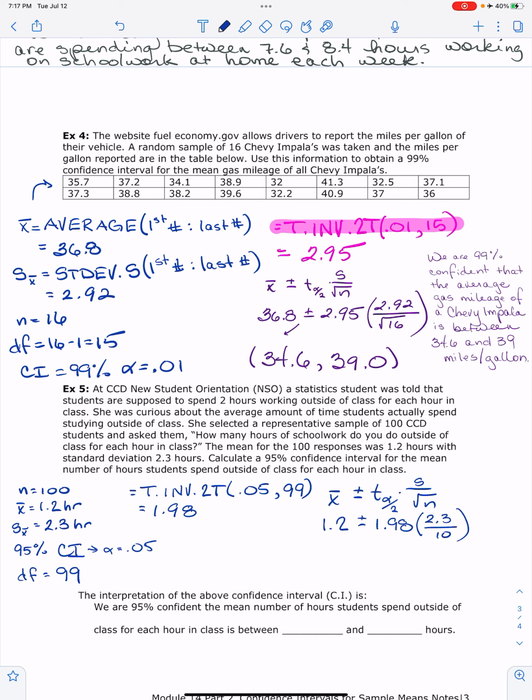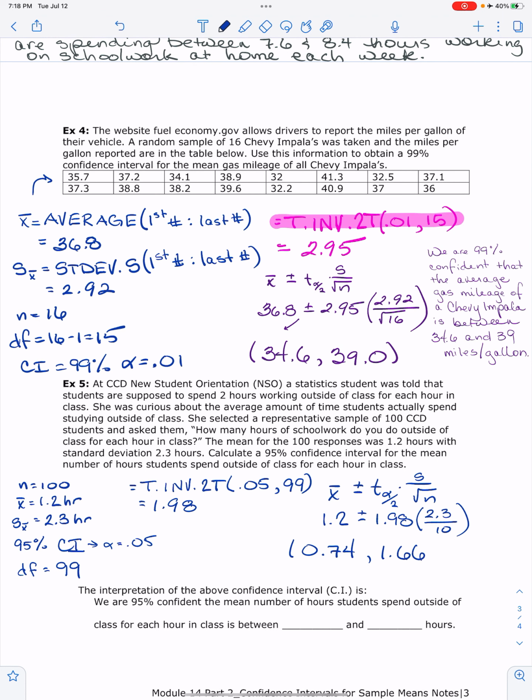When I subtract from 1.2, I get 0.7446, so 0.74. When I add, I get 1.66. Just a reminder, this is 1.2 minus 1.98 times 2.3 divided by 10, and this is 1.2 plus 1.98.